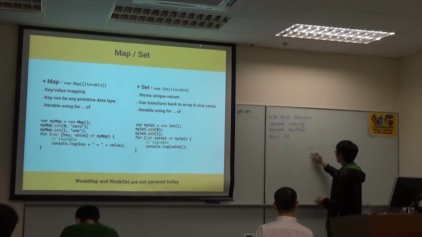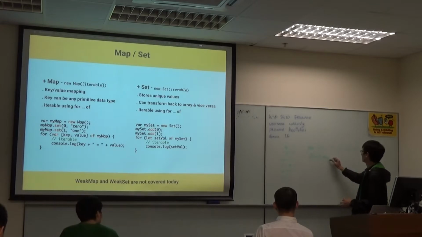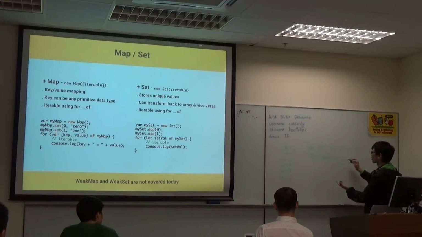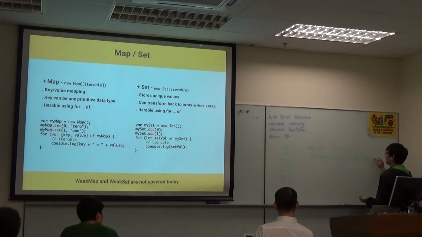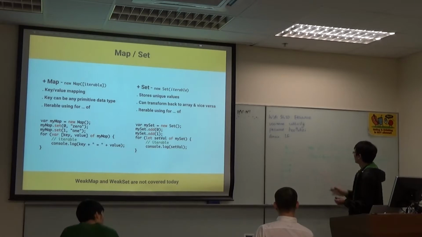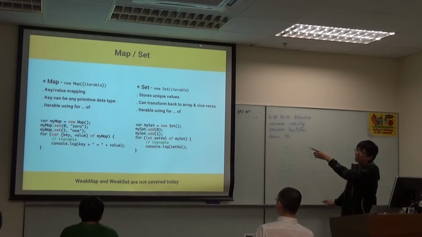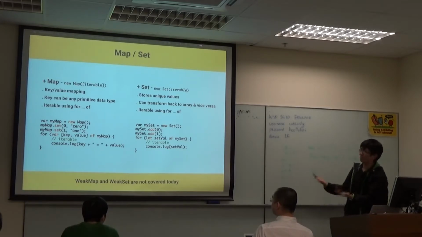You have to do something like Object.keys, and you return an array. You use something like forEach with a function. So on. So here it is hard to do iteration. But when you use map, you can do it in a simple way.